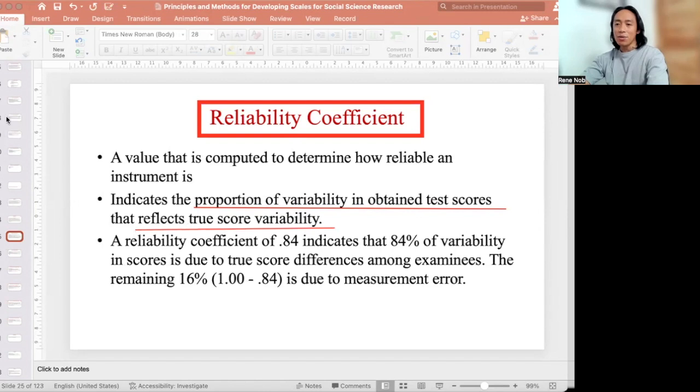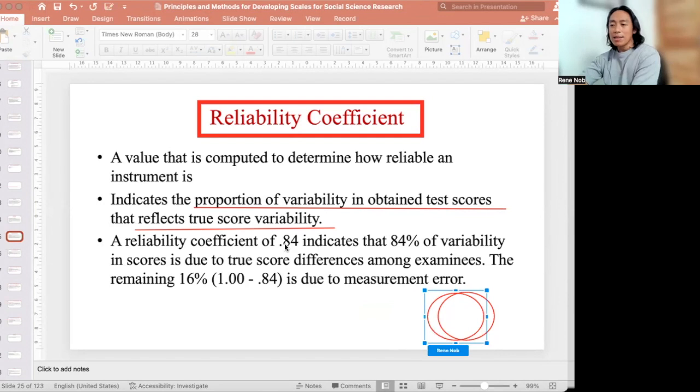So let me draw those circles back. So if these are your variability in test scores and this is your variability in the true score, how much of the proportion in the variability of the test scores reflects the variability in the true score? For example, if the reliability is 0.84, that means to say that 84% of the variability in the score is due to the true score differences among the examinees.